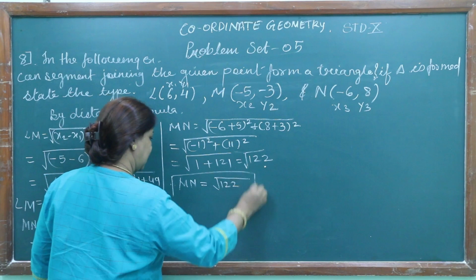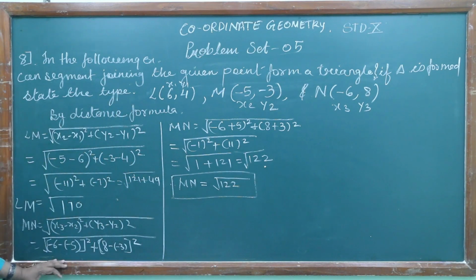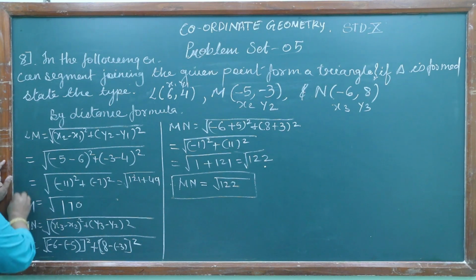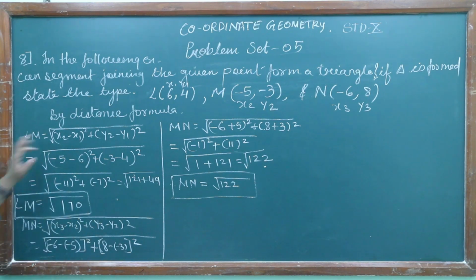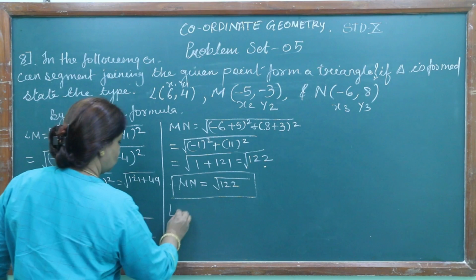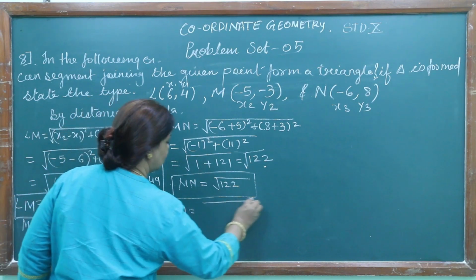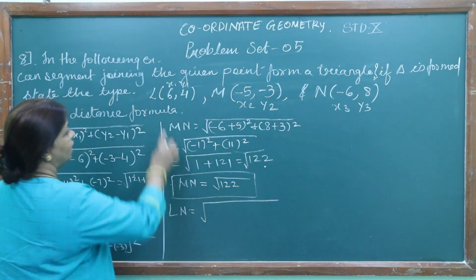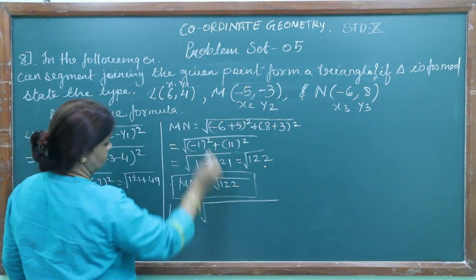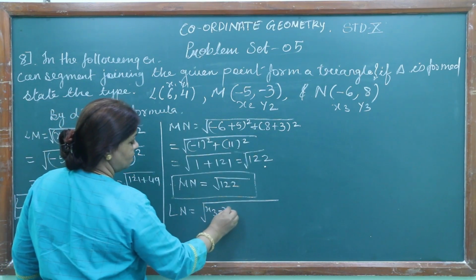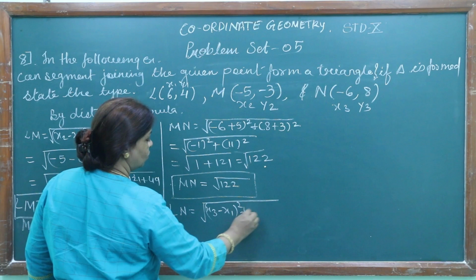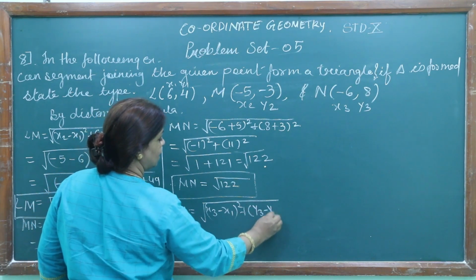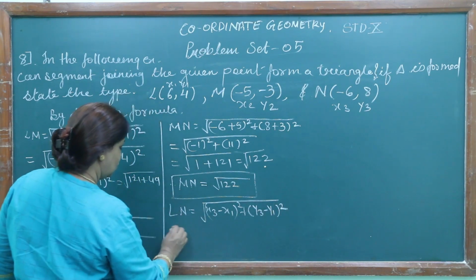So this we got MN, and here we got LM. LM also we got. Now we want to find out LN. So LN again by the distance formula. LN: x3 minus x1 the whole square plus y3 minus y1 the whole square.